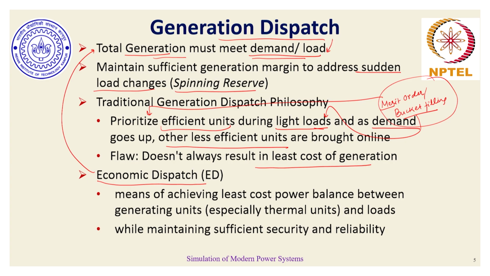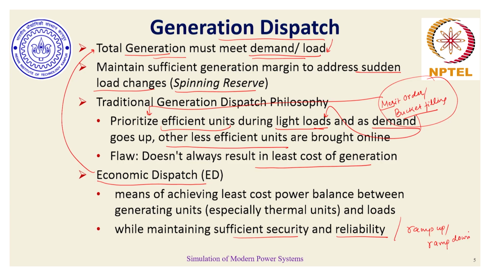Not tries, it essentially meets the same constraint while also looking at individual generators' cost of operation and also foreseeing what would be the expected load change in the next instant of time. Rather than waiting for that time to come, economic dispatch pre-plans things and helps the generators get scheduled while maintaining sufficient security and reliability, which comes from the fact that different generators have different ramp up and ramp down limits.